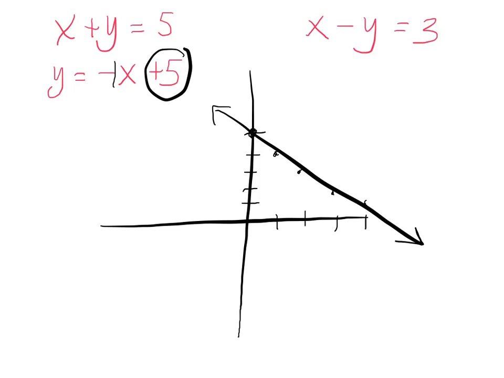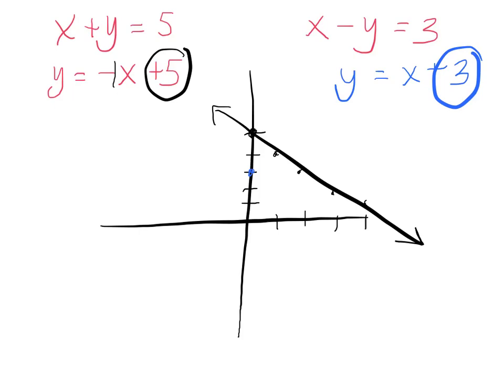My second one, let's go ahead and do this one in blue. I've got a -y, so I'm actually going to move my y over. So I get y equals x plus 3. So my y-intercept is 3. So I go to 3. Nope, it's going to be a -3, right? Yes.